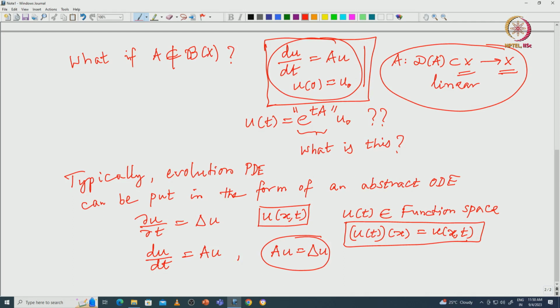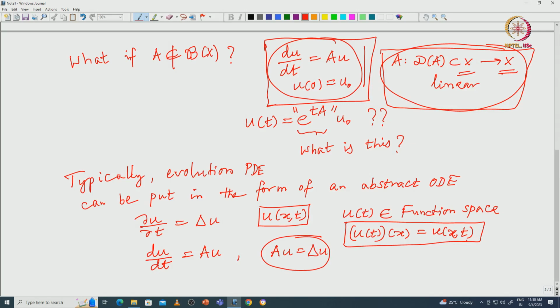Okay. So, X will be that Banach space, some function space in each of these cases, and we have to develop what sort of operators A will generate the so-called semigroup or group.